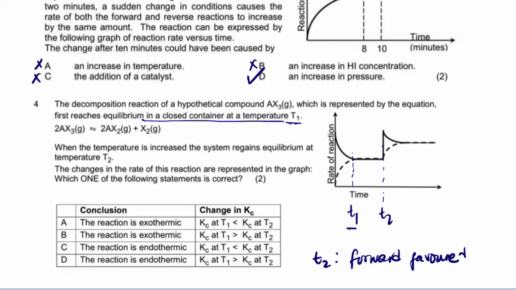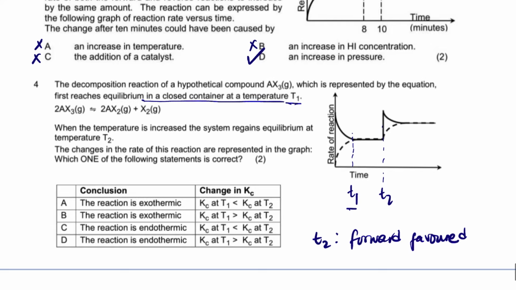That's important. But at T1, which one was favored there? At T1, if you look there, the forward was decreasing and the reverse was increasing, right? So at T1, as it starts the equilibrium.